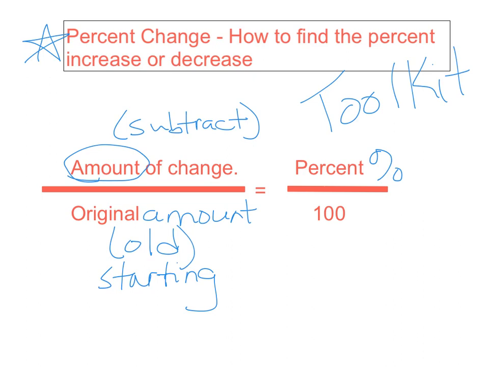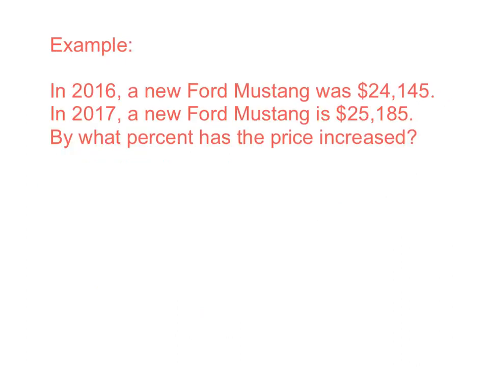When you're done writing this in your toolkit, you're also going to write the next example. In this example, we are now talking about the percent increase because we have something that has gone up. In 2016, the price of a new base model Ford Mustang, without all the bells and whistles, was $24,145.